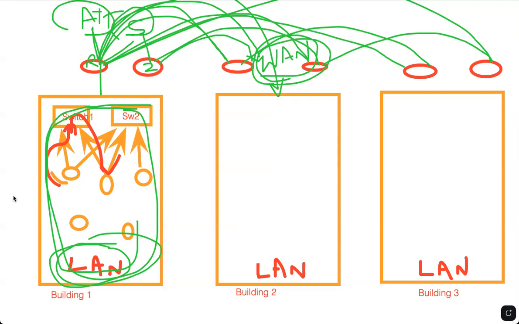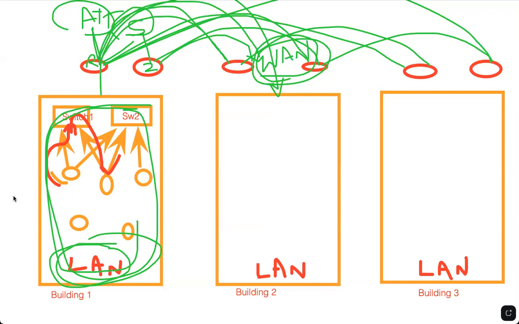Okay. So now let's see a data center network. Now let's see how a big enterprise network looks when you have multiple buildings in a specific location. Now we have seen multiple buildings in different locations connecting via WAN, but how do we connect multiple buildings in the same location?